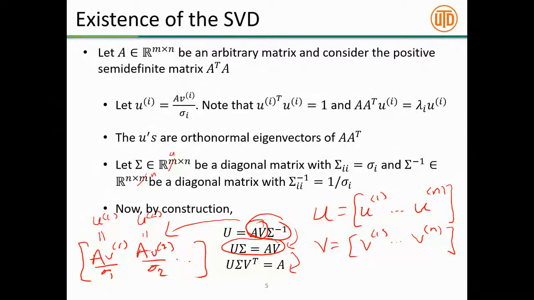So what this tells us is that, at least under the assumption that A transpose A is full rank, A can be written as a product of matrices U sigma V transpose, where U is the matrix of orthonormal eigenvectors of A A transpose, V is the matrix whose columns are the orthonormal eigenvectors of A transpose A, and sigma holds the square roots of their shared eigenvalues.